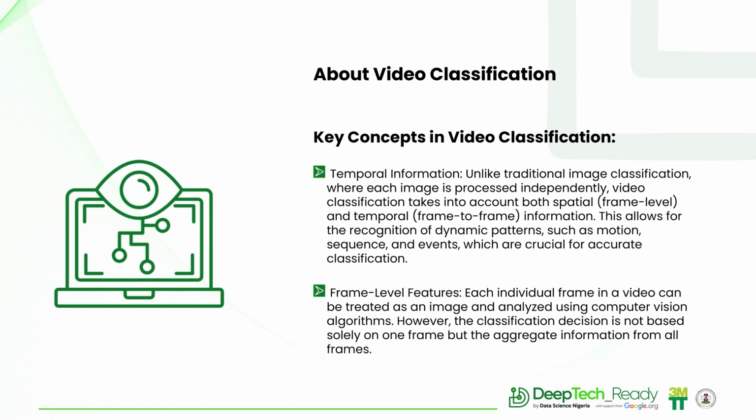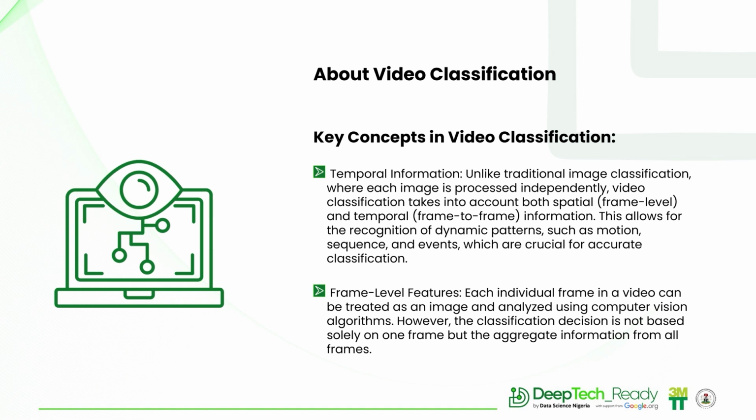Spatial basically means you are looking at just a single frame, and temporal basically means you are talking about across frames. So spatial is single frame, temporal is across-frame information. This allows for the recognition of dynamic patterns such as motion, sequences, and events, which are crucial for accurate classification.